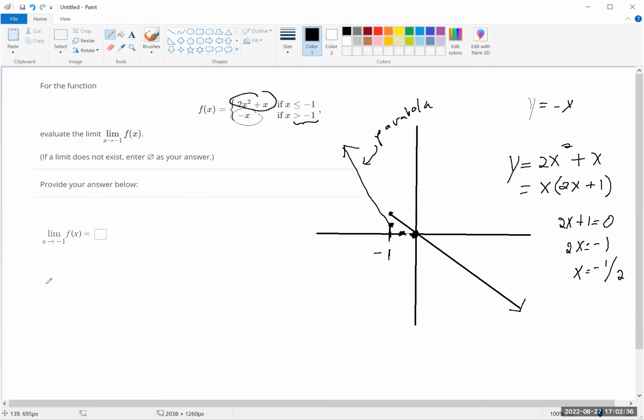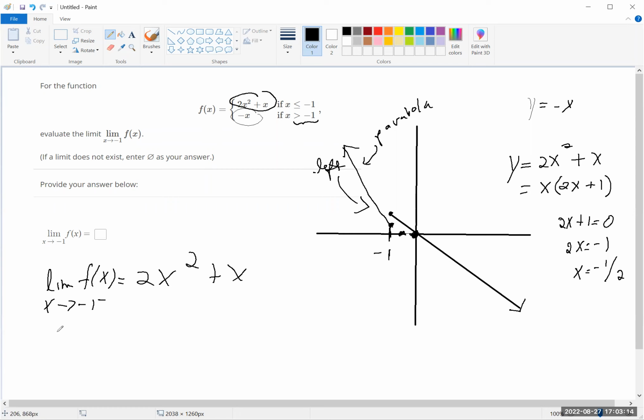So let's go ahead and find the limit. By the way, when I say plug it in, we're going to have to use the appropriate function and the appropriate rule. So this would be 2x squared plus x as x approaches negative 1 from the left first. I'd have to use the parabola part because that's what's associated with approaching from the left.